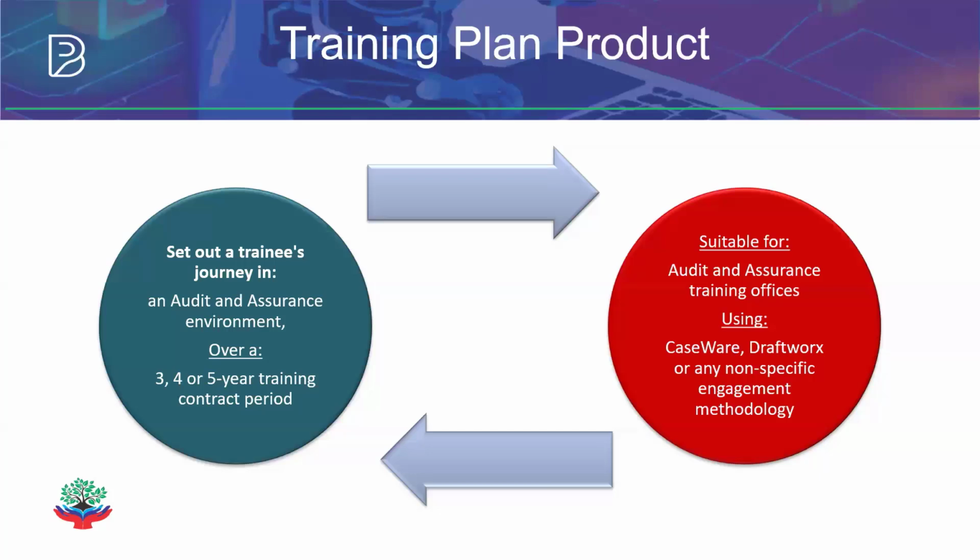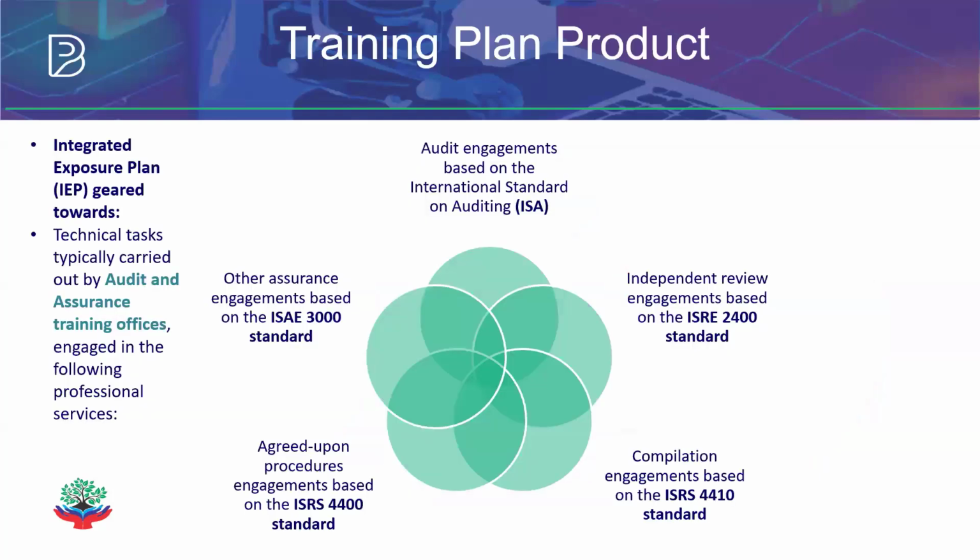Let's say you use neither Caseware nor DraftWorks. Can we still assist you? Yes, we can. We've got templates that can also cater for those not using one of those two very popular software packages. So no methodology or no specific software, we also have you covered.